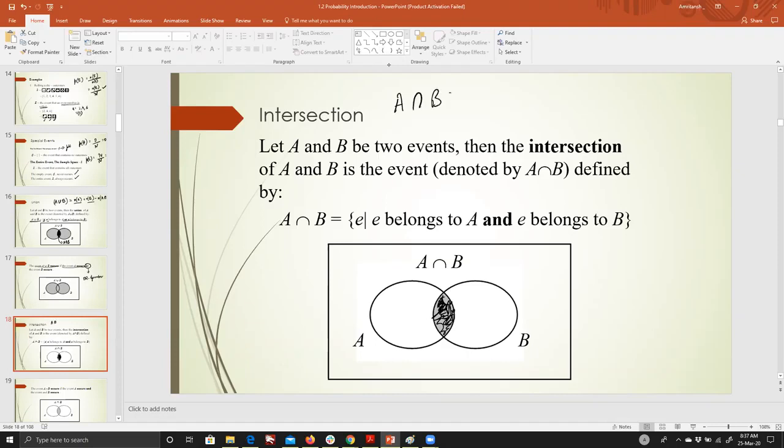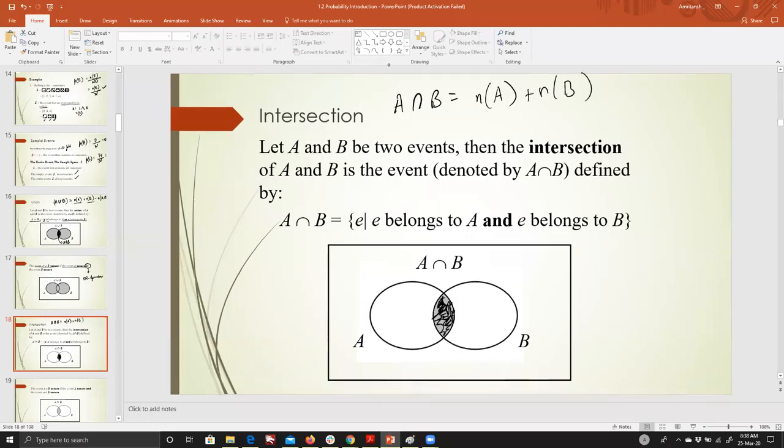It is n of A plus n of B minus n of A union B. You are trying to get the intersection of A and B. Basically, that is correct.